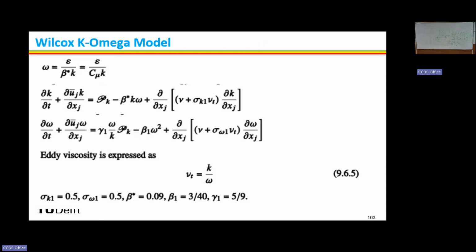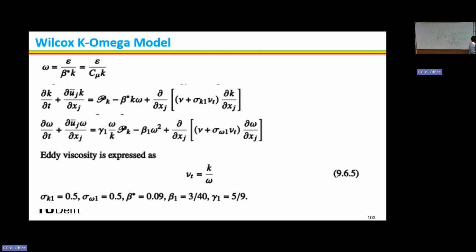Okay. How does this K omega model look? This omega is epsilon by K, but exactly not epsilon by K, there is some proportionality constant. Dimensionally, the omega is epsilon by K, there is some proportionality constant. Wilcox taken it as beta star, right? And this beta star is nothing but your C mu.